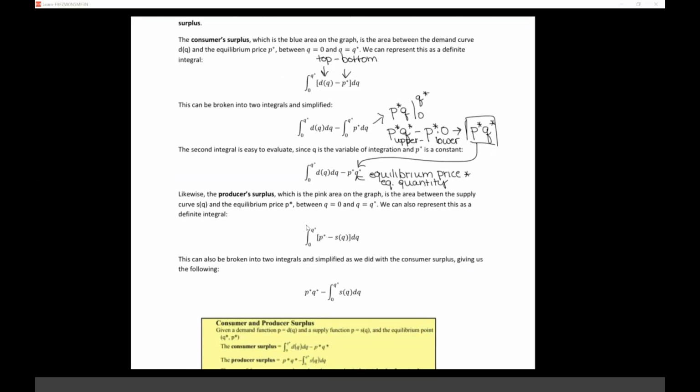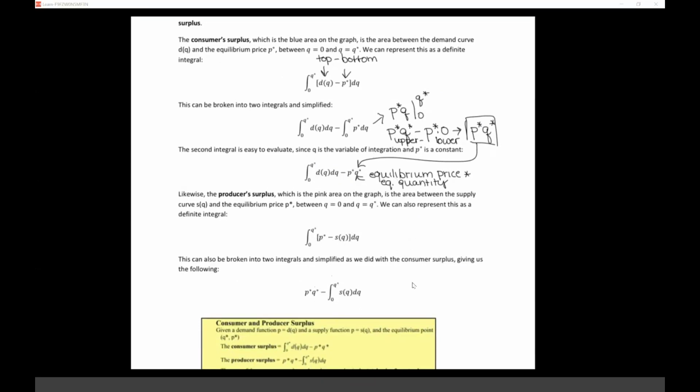By a similar mechanism, they're going to split this into two integrals. They're not showing it, and they're going to integrate the first one, and they're going to get P star Q star minus the definite integral of the supply curve. Again, they're not showing all these steps.